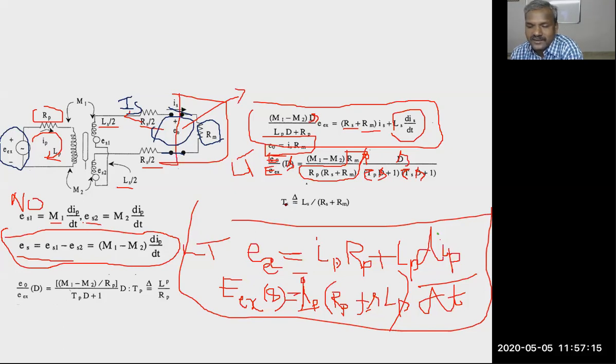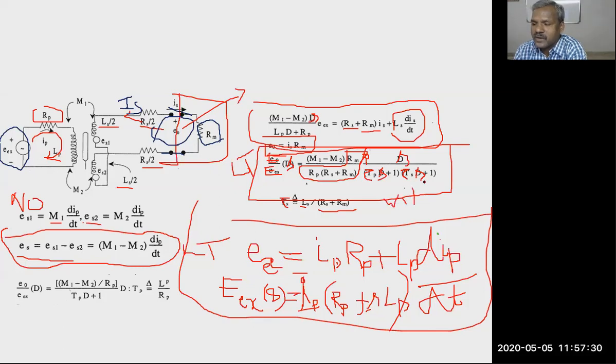The time constant tau S in the secondary circuit is LS by RS plus RM, the total resistance in the secondary circuit. This is the transfer function model of the LVDT with loading condition. So a very, very important topic.